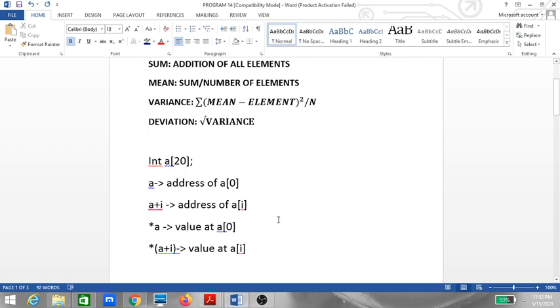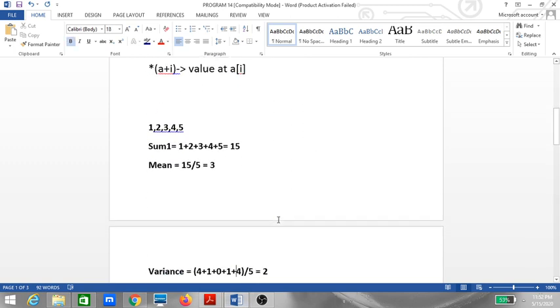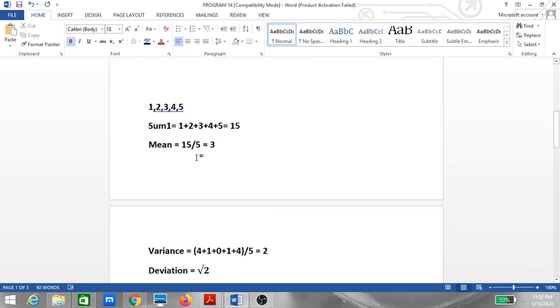So for our example that I had considered, the mean that I had got is 3. Now I'll tell you how I have calculated the variance. Here I have written the direct result. 1 minus 3 is minus 2, and the whole square of that will become 4. Similarly, 2 minus 3 is minus 1, and the square of that will become 1. 3 minus 3 is 0, so 0 square is 0, that is what I have taken here, plus 4 minus 3 is 1, 1 square is 1, then finally 5 minus 3 is 2, 2 square is 4.